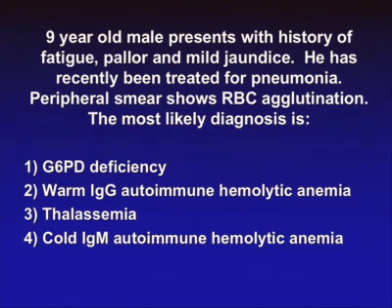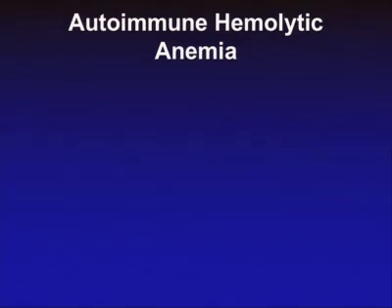Okay, well, the majority has it. So this is a classic finding, right? Cold IgM, autoimmune hemolytic anemia. This kid probably has what organism? Anybody? Mycoplasma is the one that does this most frequently, right?